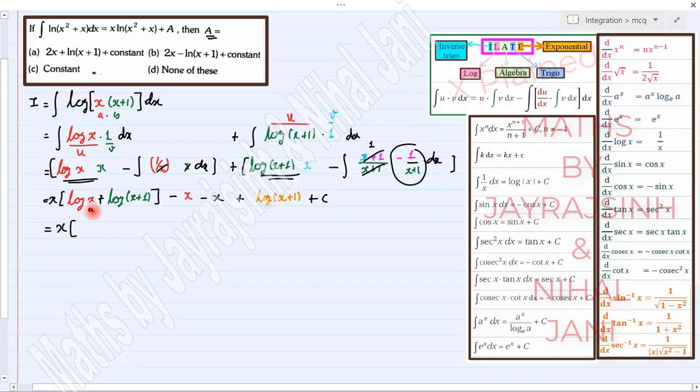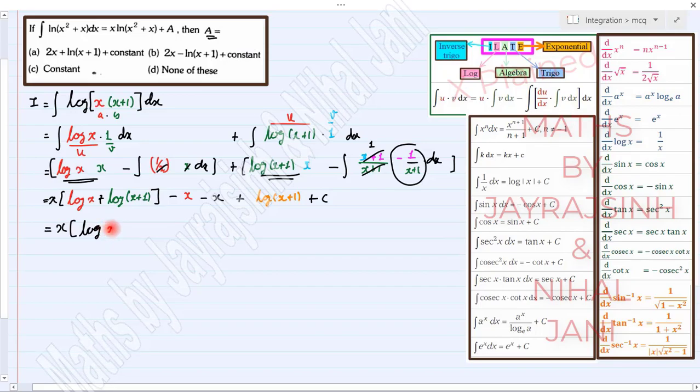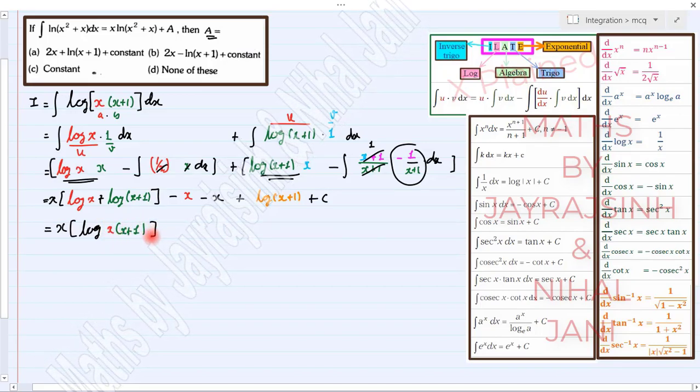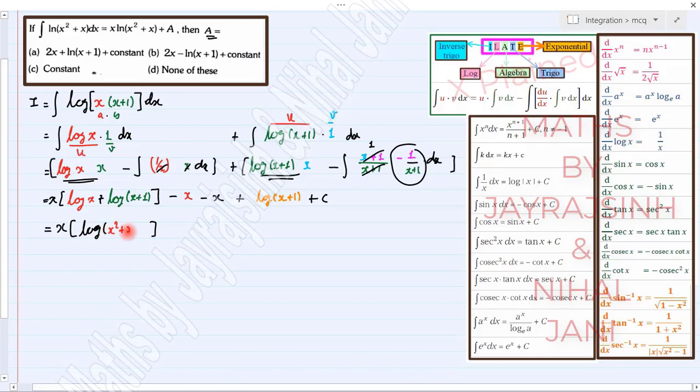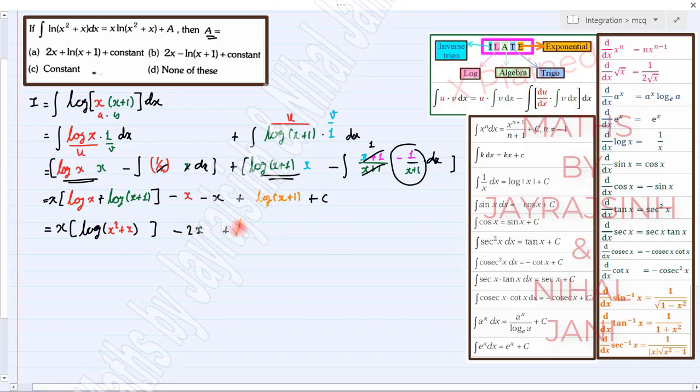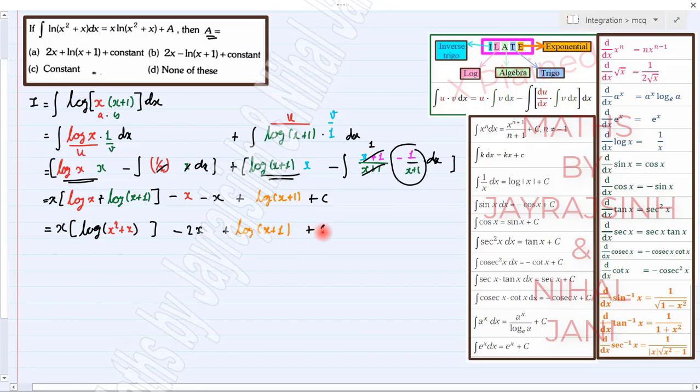We have log a plus log b. So we will get log of a into b, or we can say log of x square plus x minus 2x plus log of x plus 1 plus constant. So we complete our integration.